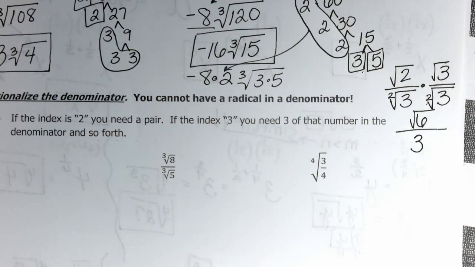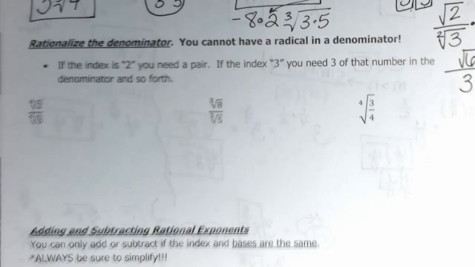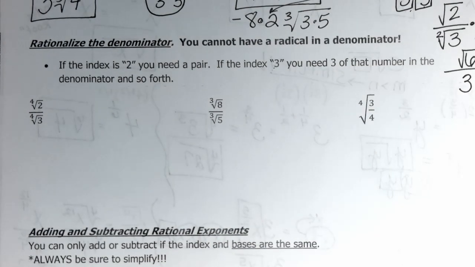For some reason, everyone can rationalize square roots like this because you've been taught you just multiply it by itself. But in Algebra 2, we get to indexes greater than 2, and then everyone gets confused, okay? Your index tells you how many you need of the same number, okay? So if my index is 3, then I need 3 of the same number. If my index is 20, I need 20 of the same number, okay?